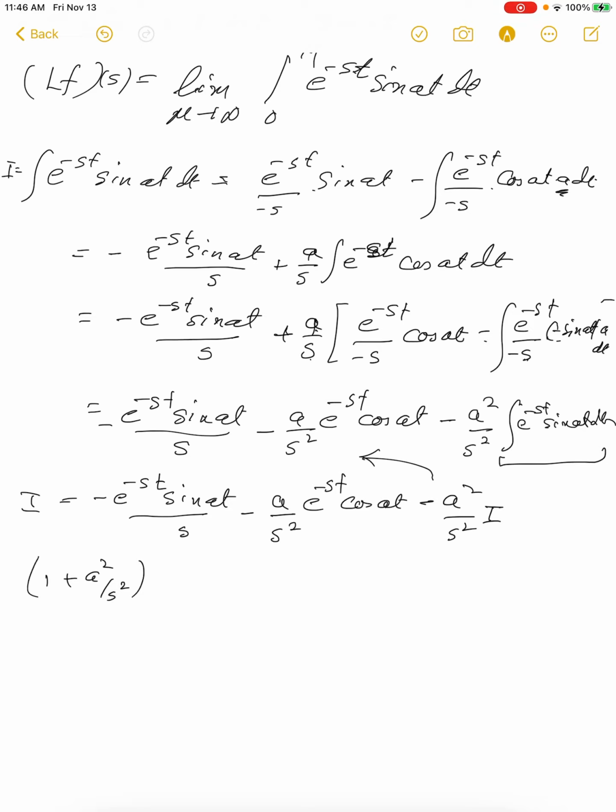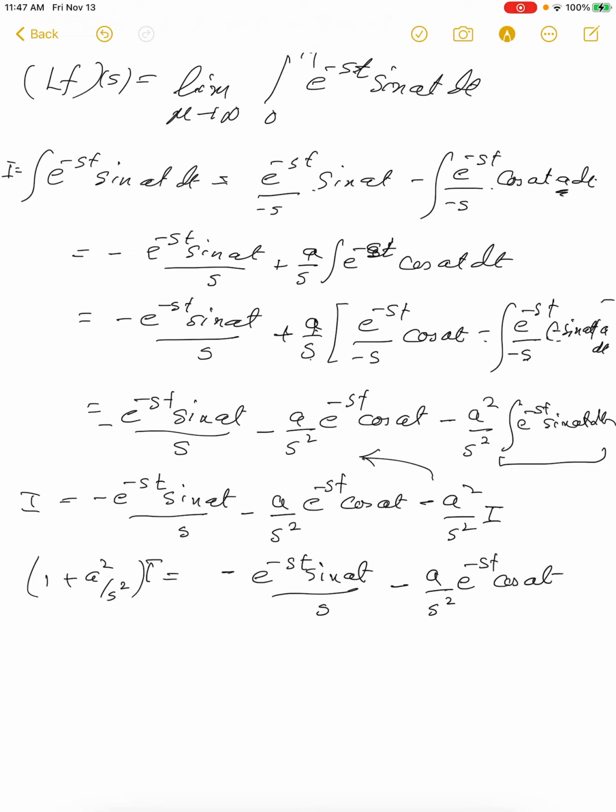You recall how you do integration by parts integrals of trigonometric times exponential. You start by calling the given integral I, and you apply integration by parts twice. This is what we have done. So this is going to be minus e^(-st) sin(at) by s minus a by s squared e^(-st) cos(at).